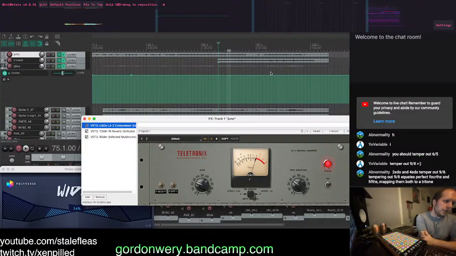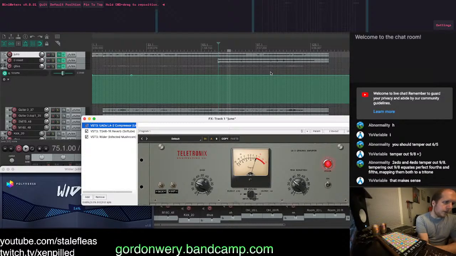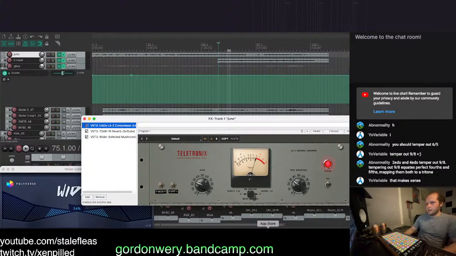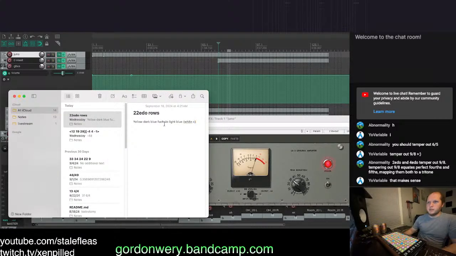2 and 4 temper out 9.8. Temper out 9.8 equates perfect fourths and fifths, mapping them both to a tritone. Alright, let me see if I can remember how to do RTT.